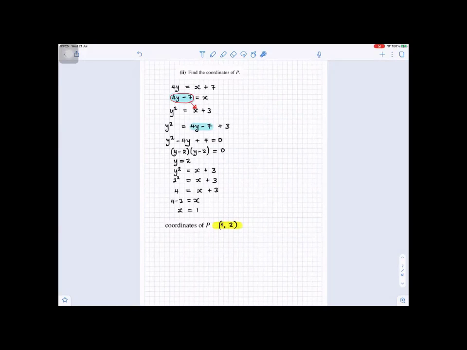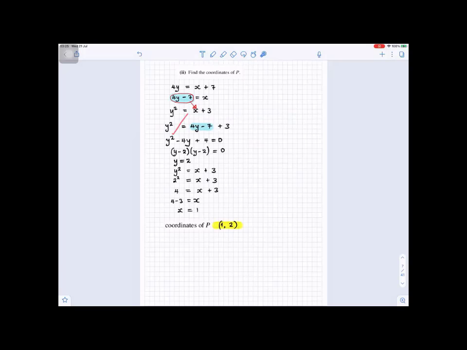Find the coordinates of P. So you know c is 7, you sub in 7. So 4y equals x plus 7. You take plus 7 to the left, it becomes minus 7. So 4y minus 7 equals x. You replace x in that: y squared equals 4y minus 7 plus 3.